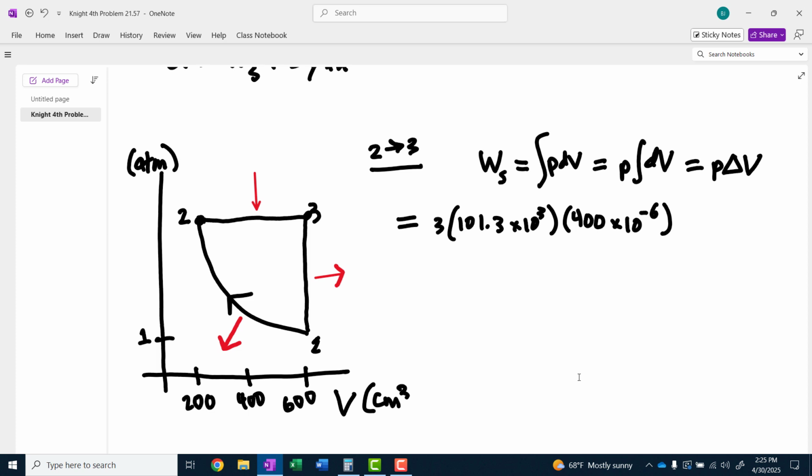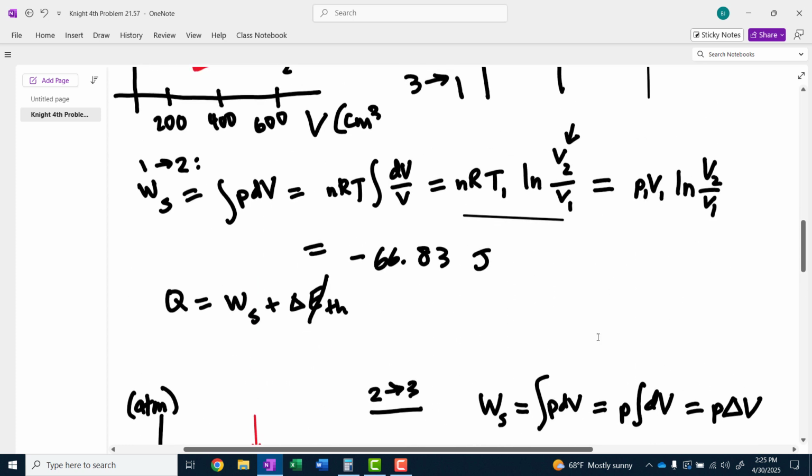And we know that SI in means SI out, so the work will come out in joules. And I'm going to check this on my calculadora. 3 times 101.3 times 10 to the third times 400 millionths. Do I get the same number as the publisher? Yes, 121.56 joules of work. Let's scroll up and put that in the table.